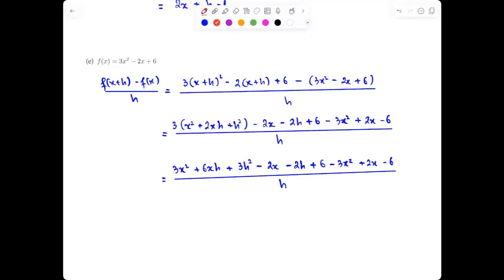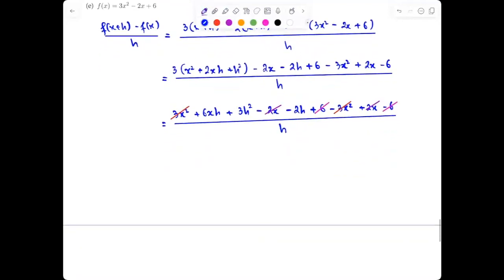Now you simplify as much as you can, right? So positive 3x squared, negative 3x squared cancel out. What else? Negative 2x, positive 2x. And then positive 6 and negative 6 cancel out. And you're left with 6xh plus 3h squared minus 2h altogether divided by h.